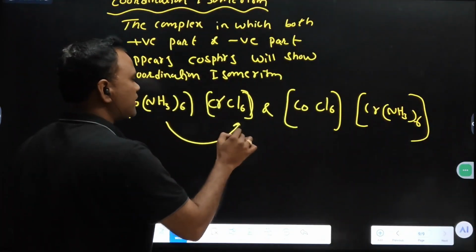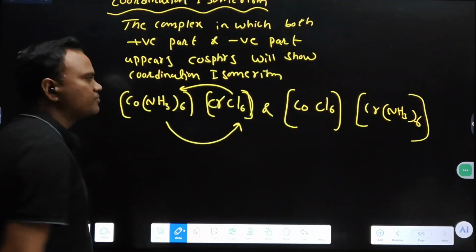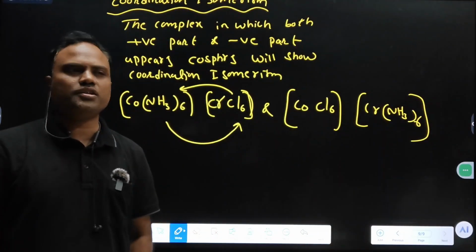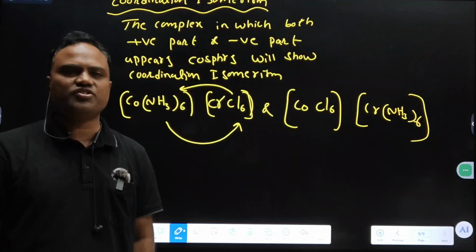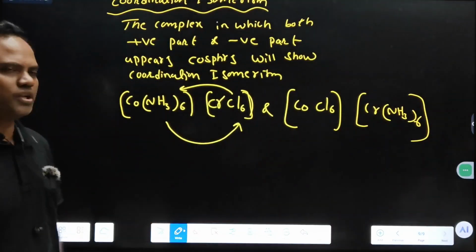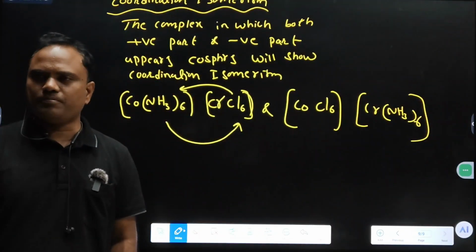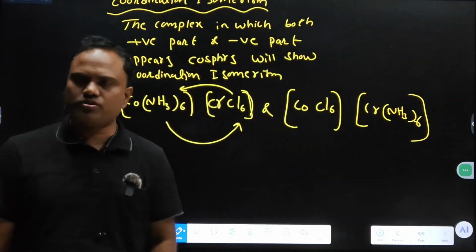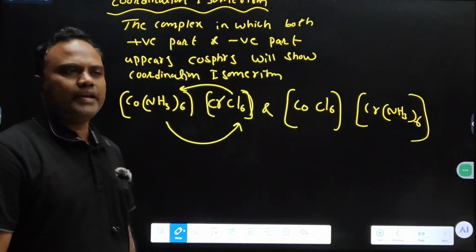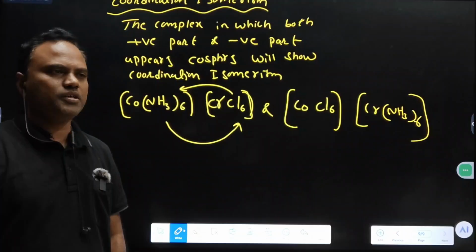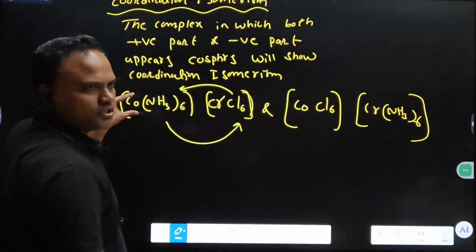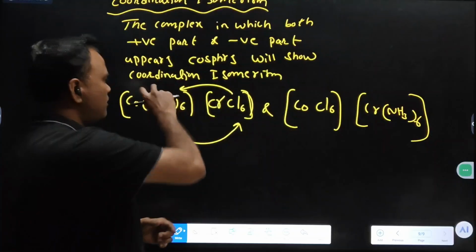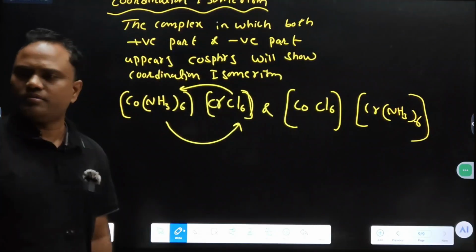Interchanging the ligands. The isomerism which arises due to interchanging the ligands between the coordination spheres is called coordination isomerism. That is the definition. Co is present here only, right? Only Cl ligands will come this side. Cr is present here only. Ammonia ligands will come this side, right?